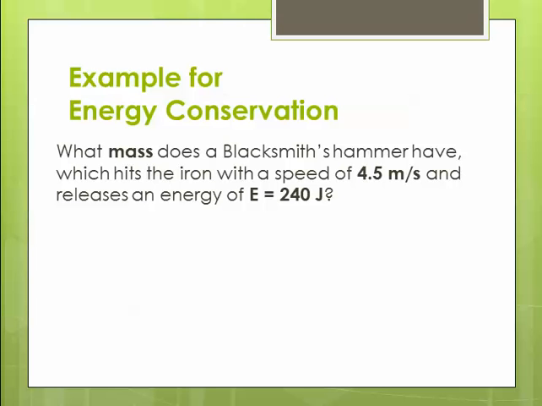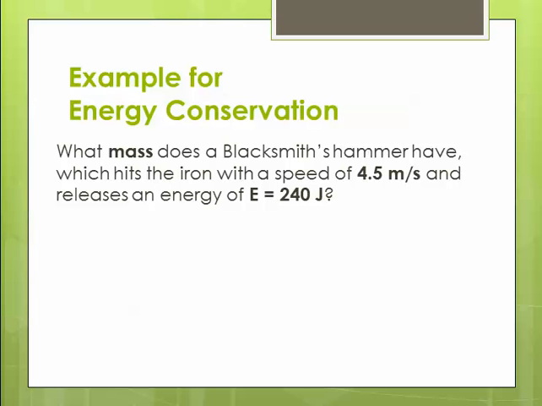So we know that something that is moving with a speed also has energy. It is kinetic energy. Remember the formula for kinetic energy? It is a half times m v squared. V is the velocity or the speed. So as the blacksmith hits the iron with the hammer, there is a kinetic energy given by the speed and by the mass of the hammer.